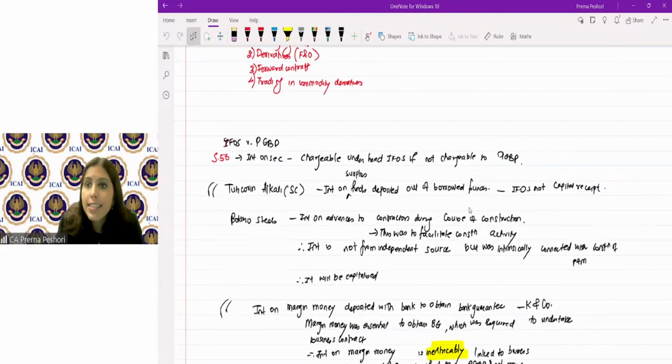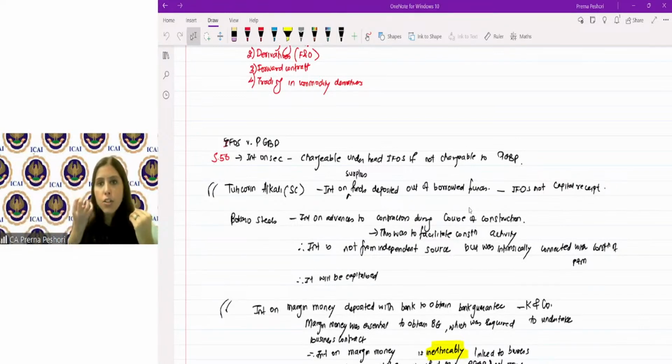In case, let's say for example, I am issuing the shares. So first I will get the share application money, isn't it? First I always get the share application money, from those who are applying for my shares.